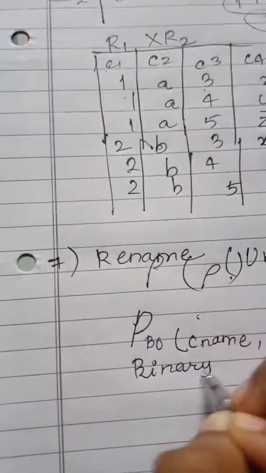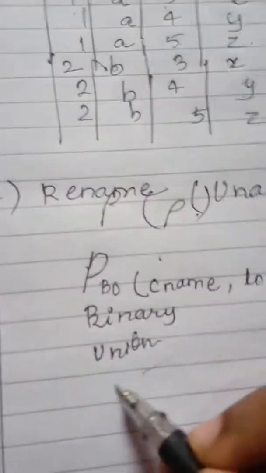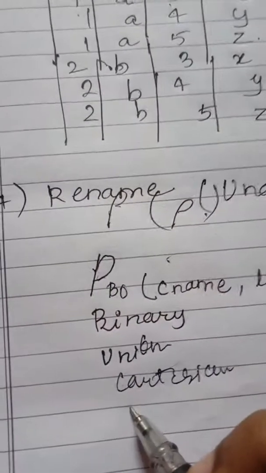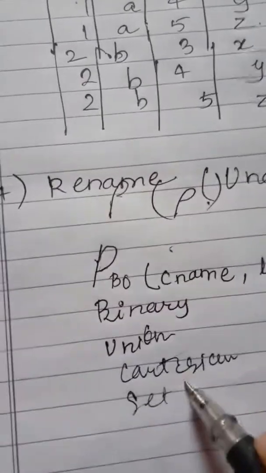So 3 are binary: union, the Cartesian product, and set difference.